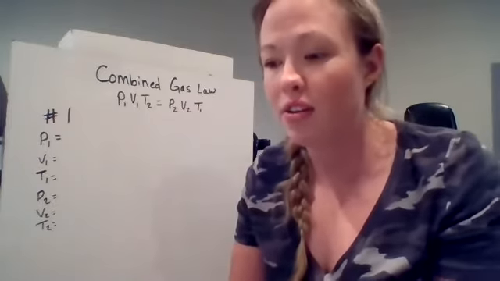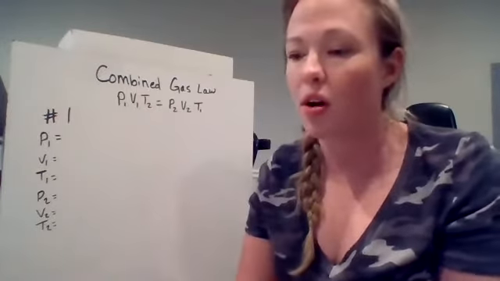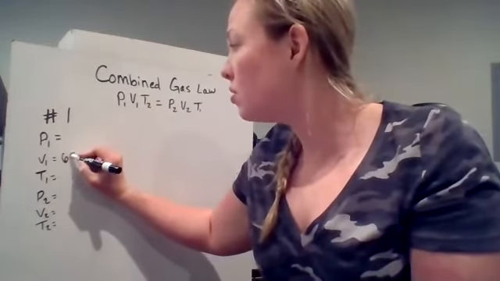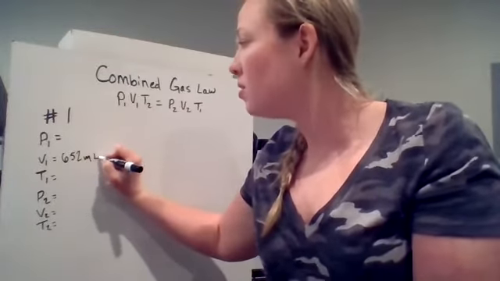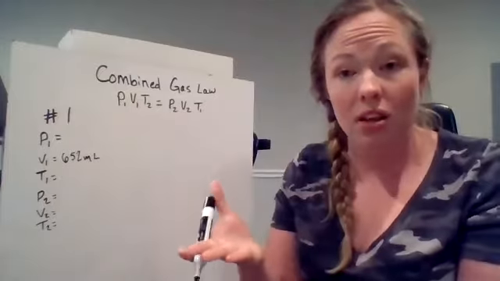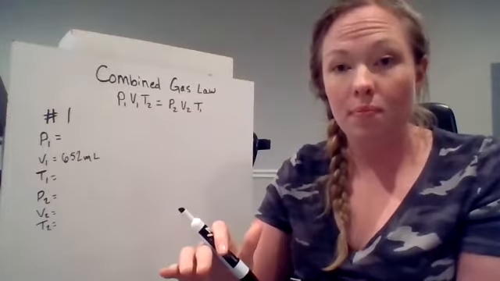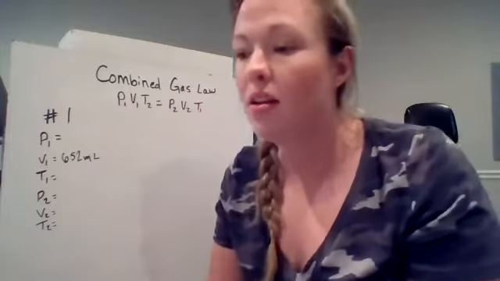So when you're identifying your variables, just start with the first number, okay? 652 milliliters. That is your V1. You don't actually have to convert this to liters unless you want to. You absolutely can, but we'll get to that in just a second.